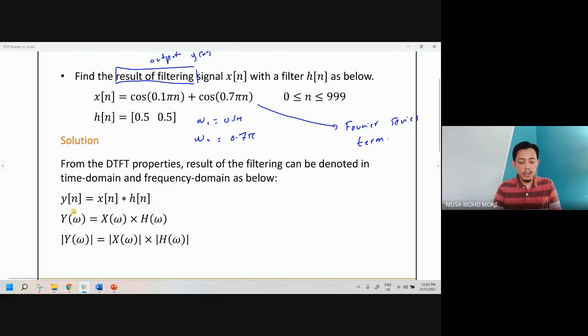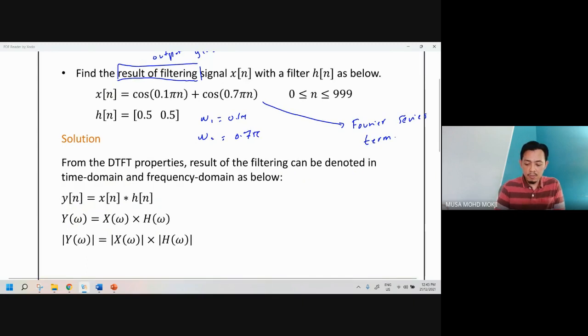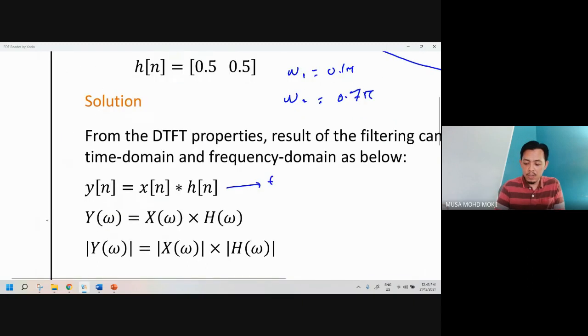And our Y(omega), if you transform it. So this is time domain. This is frequency domain. And of course, straightforward, this is a convolution. y[n] of course becomes Y(omega), x[n] becomes X(omega), and h[n] becomes H(omega). So this convolution becomes multiply.